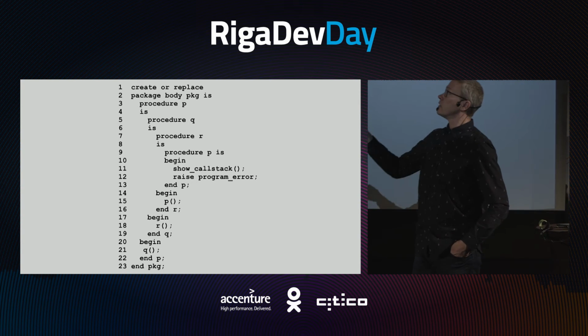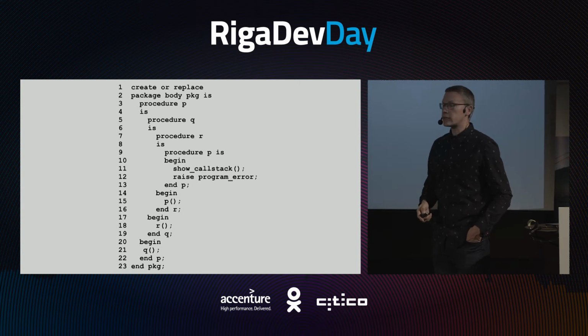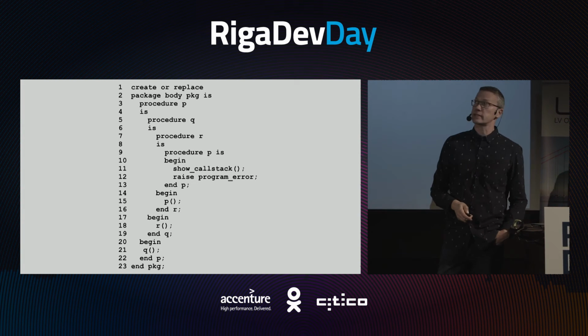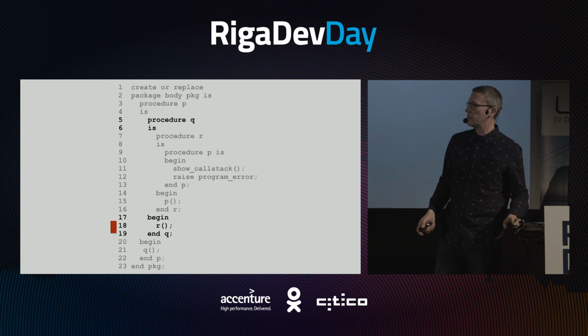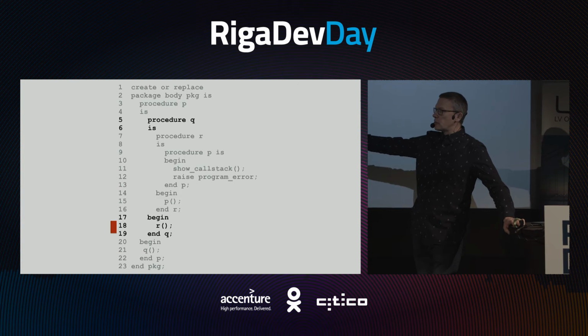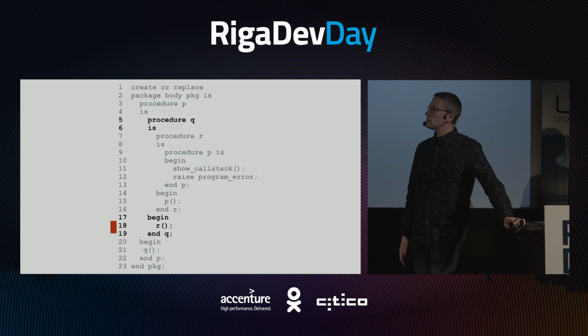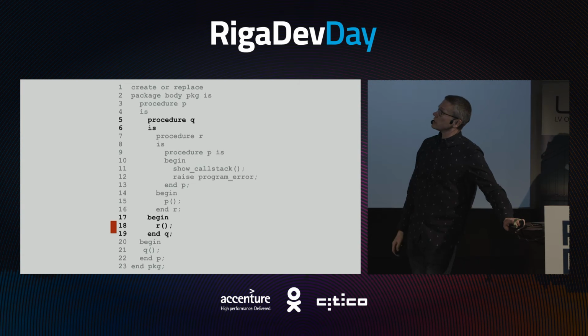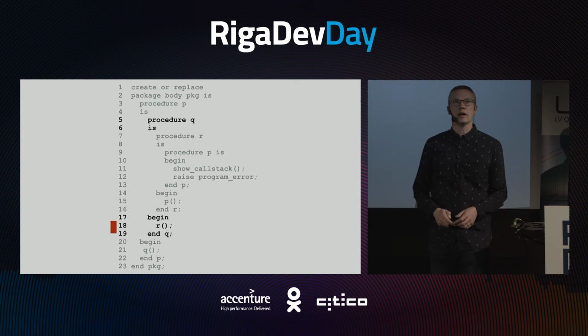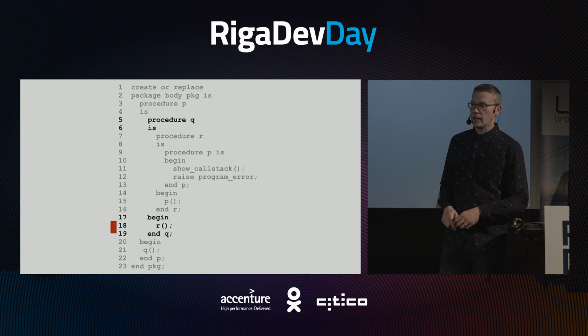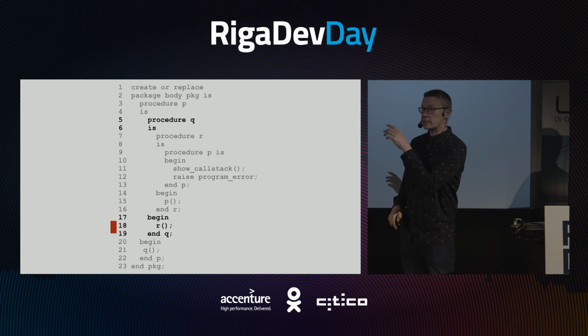For the demonstration, I created a package, and it has some procedures in it, and they're all nested. There's one procedure which is called P in there, and the only thing that P does on line 21 is call procedure Q. Q is up there in the declaration, and the only thing it does is, line 18, call R, and R is in there as well, nested.